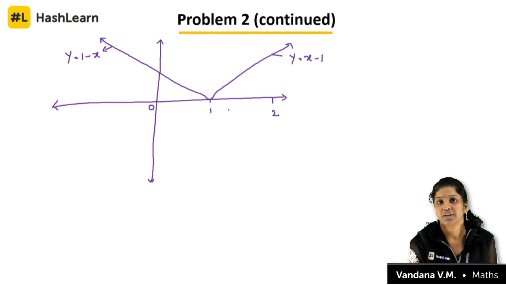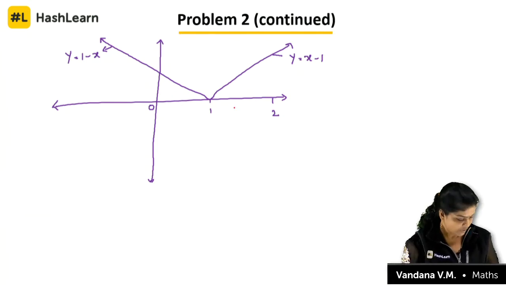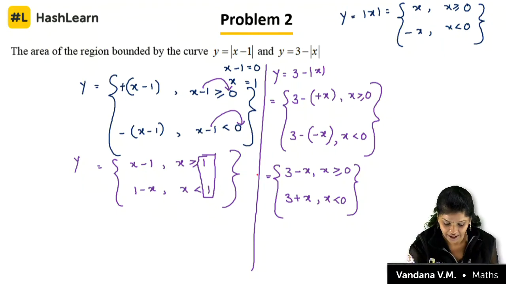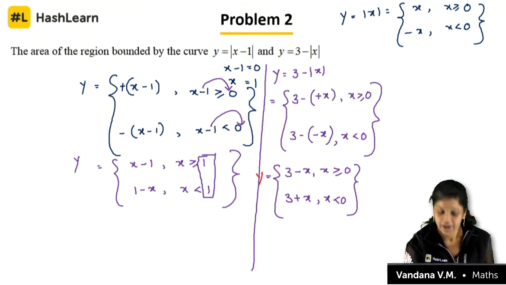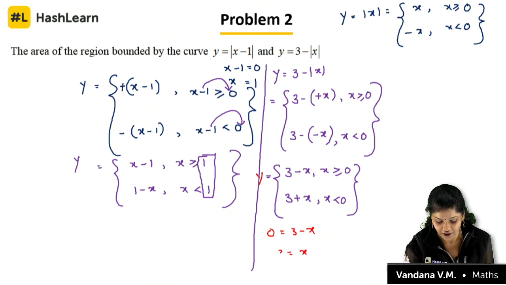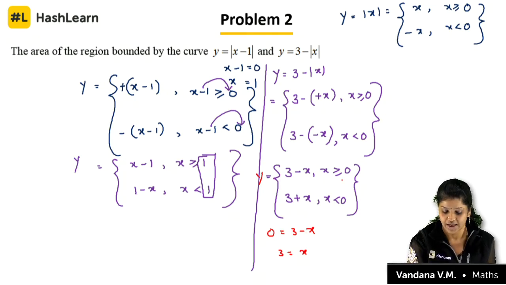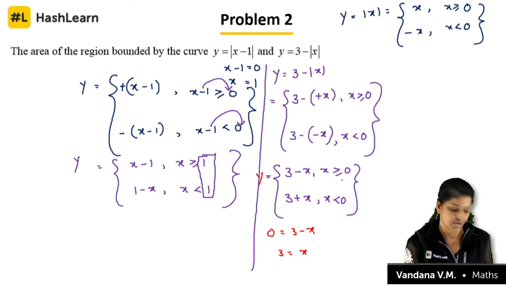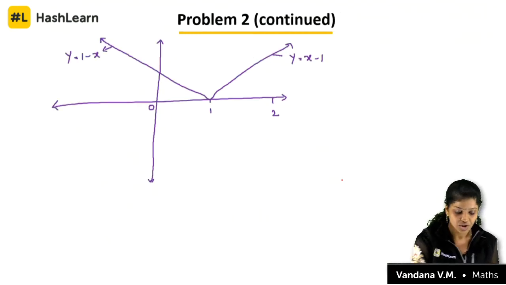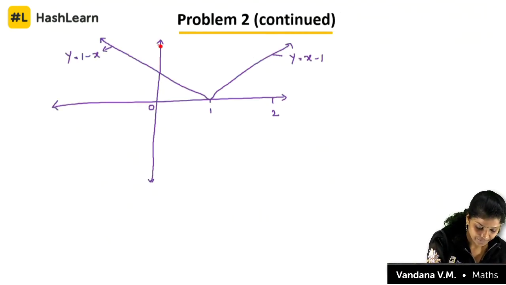Now you draw the next graph. See here, go back and see 3 minus x. How to see? What I said, equate to 0. 3 minus x, that is x is equal to 3, or you can say that 3 is the common point. You place x value as 0 in both the cases, and the y value is 3. So, how is it going to change at 3?